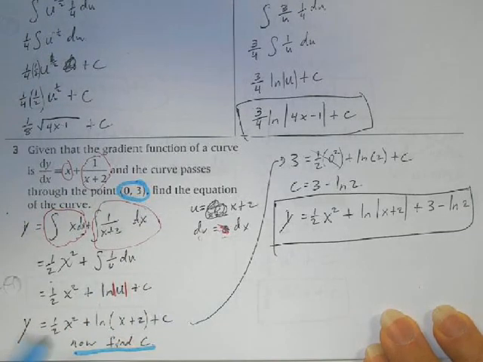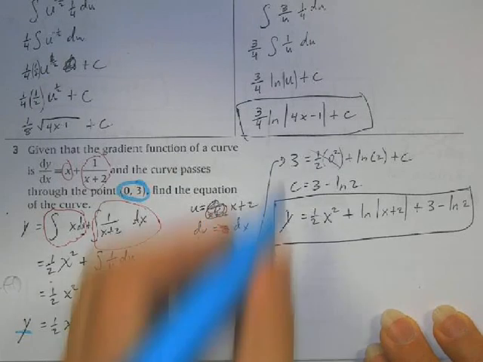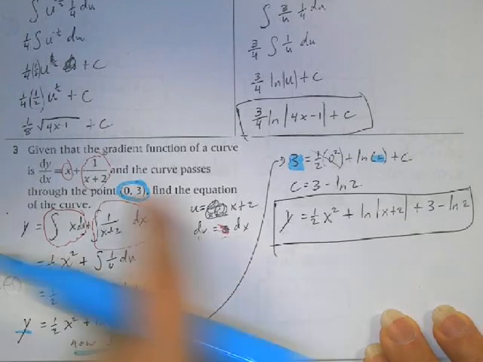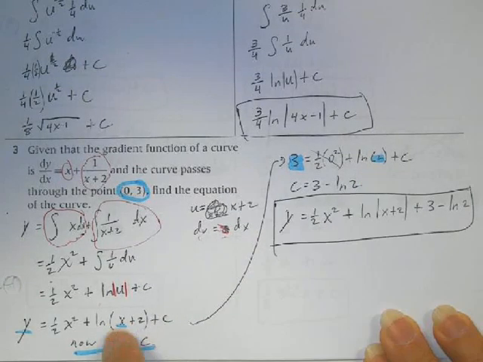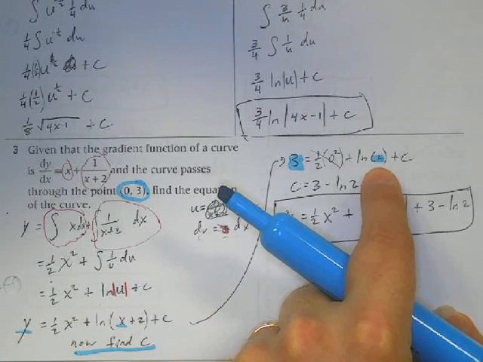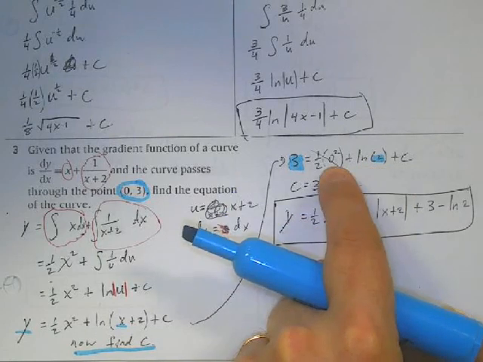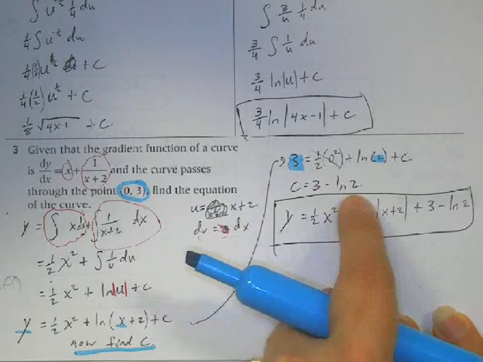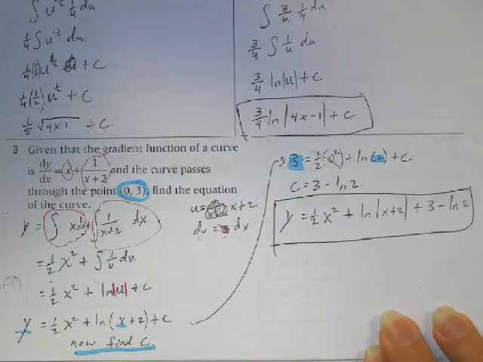So I'm going to replace y with 3. I'm going to replace x with 0, sorry. So I have 0 plus 2, that's going to be natural log of 2, and I've got the 0 there, so that's going to go away. And now we can get c is equal to 3 minus natural log of 2. And so here is the final answer.